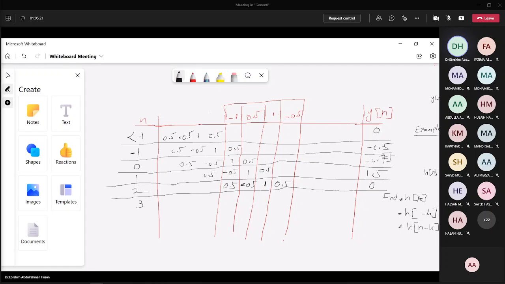Move it to the right. So this 0.5 is out, 1, minus 0.5 and plus 0.5 here. That multiplied: 0.25, minus 0.5, minus 0.5, so minus 0.75.